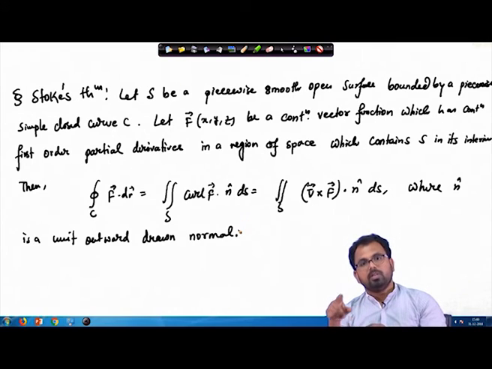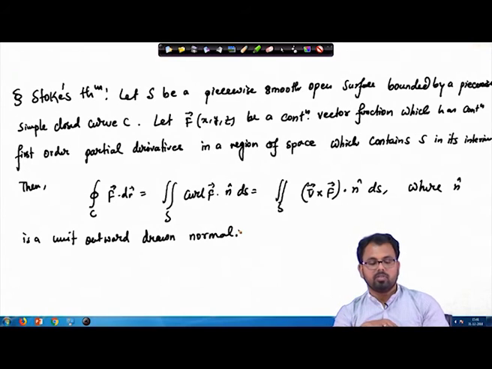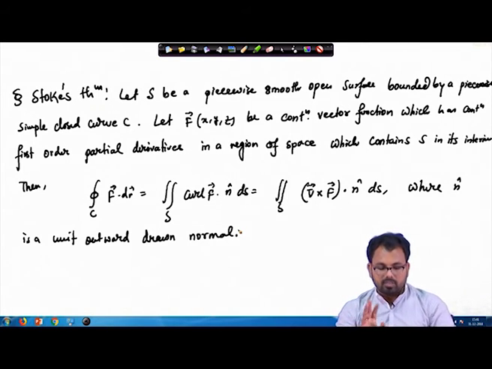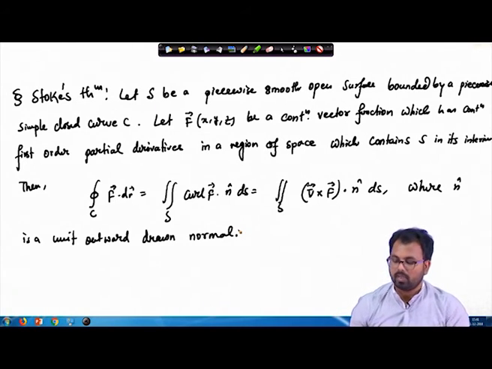That is what we mean by piecewise smooth surface bounded by a piecewise simple closed curve C. And n is the outward drawn normal on the surface S, and then you can write the line integral of f dot dr as the surface integral of curl of f dot n ds.